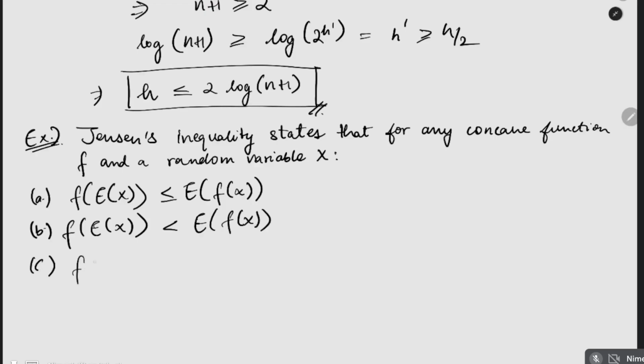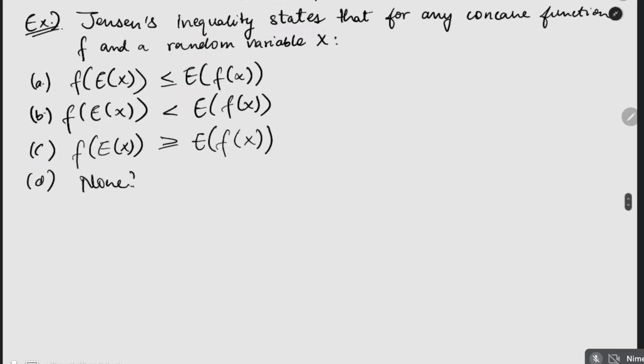Or is it that the value of the expectation is greater than or equal to the expectation of the value? Or none. So which one of these is Jensen's inequality for a random variable x and a function f?